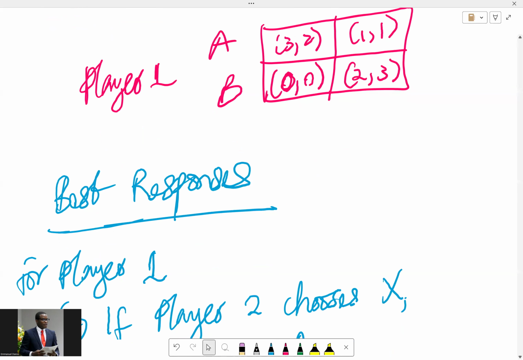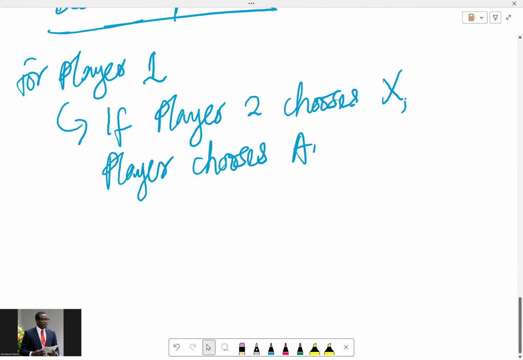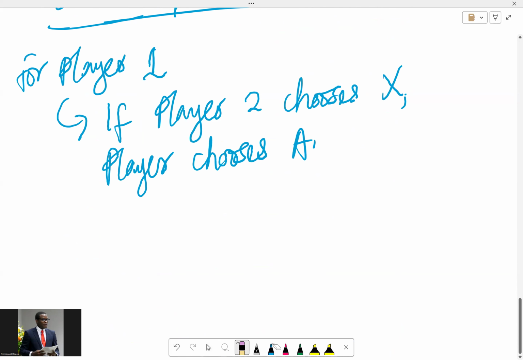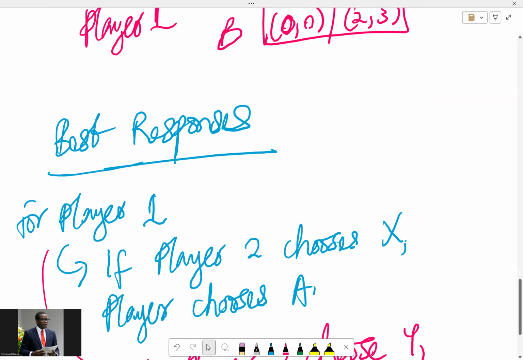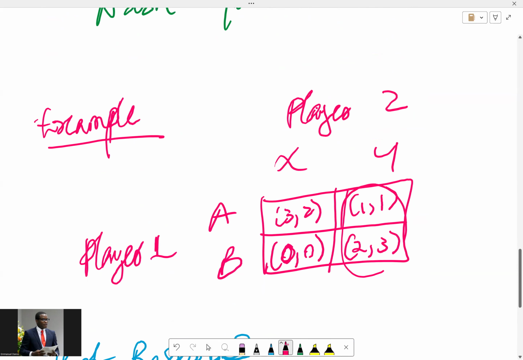Now, still on player one, if player two chooses strategy Y, that is what we have here now. So player one would either have a payoff 1 or payoff 2.